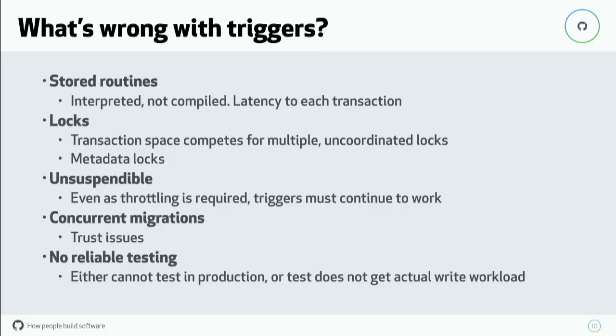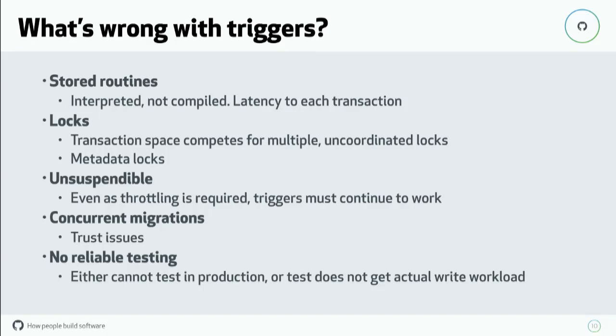The more interesting thing that we start getting into when we think about what if we didn't have triggers is the fact that in order to throttle something like PT Online Schema Change, you still have to leave your triggers in place. If you remove your triggers, then you have to start over. So I'll come back to that.